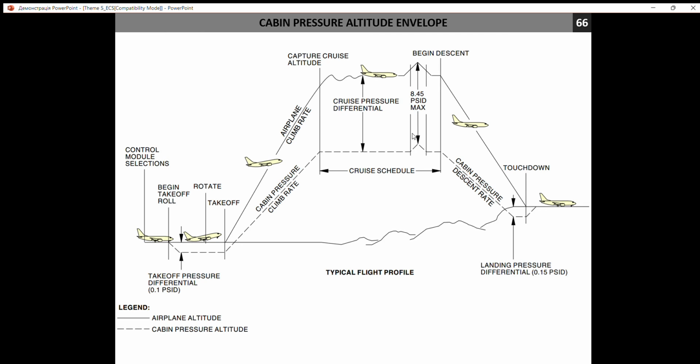So in this case you may see an increase in the cabin altitude. The main reason to keep this maximum differential pressure is that if we continue to provide the same pressure, the differential will be higher and damage to the structure may appear. So from this point of view, cruise altitude in the cabin is not the main component that must be taken into account. The most critical is differential pressure.